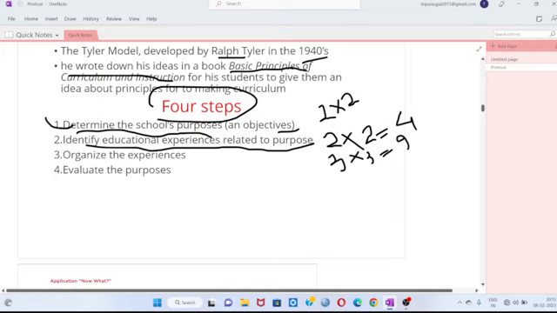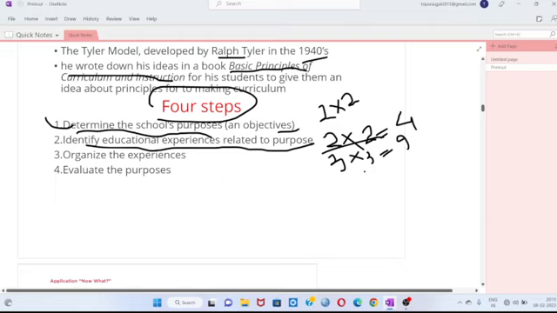First is the objective. The objective is to learn multiplication. Now this purpose, multiplication, should be learned, and this multiplication learning should be experienced. So how did the teacher teach this? 2 into 2, for 3 into 3, 3 threes are 9, like this. And organize the experience. Now the students will do that experience.